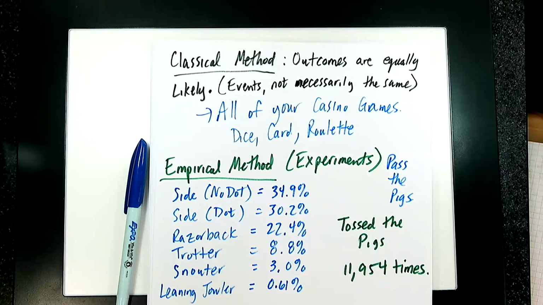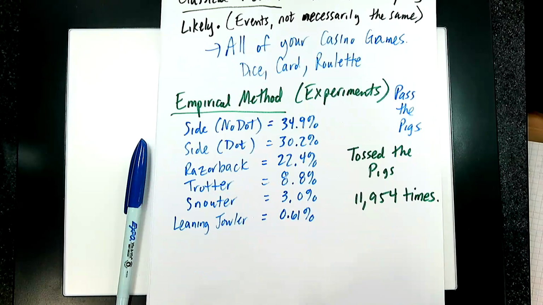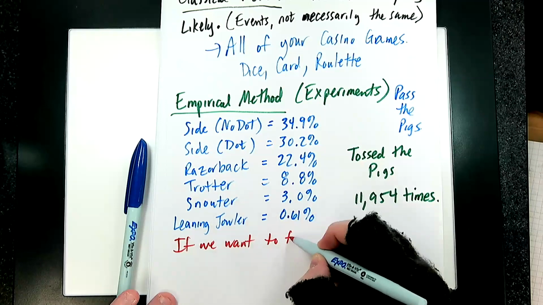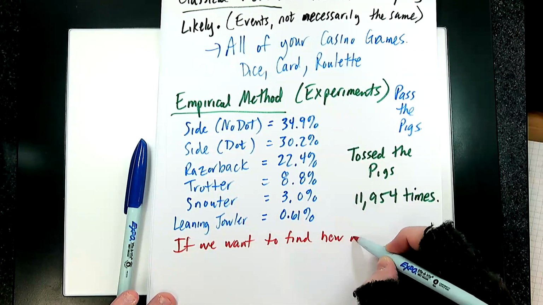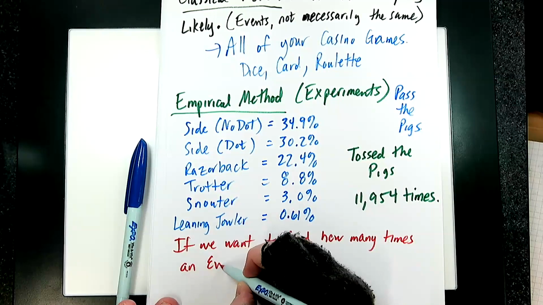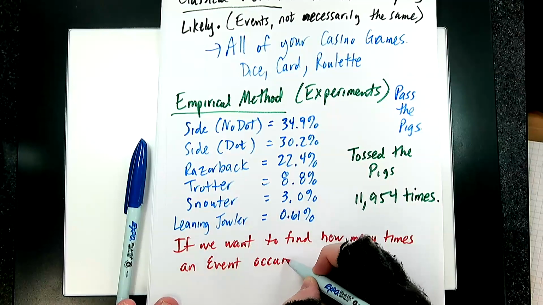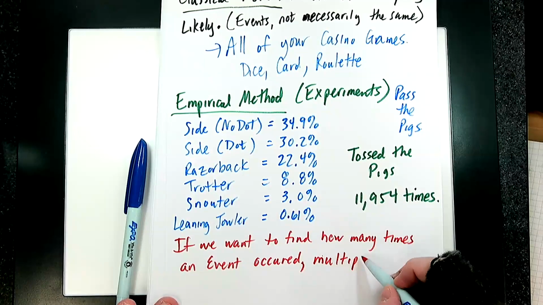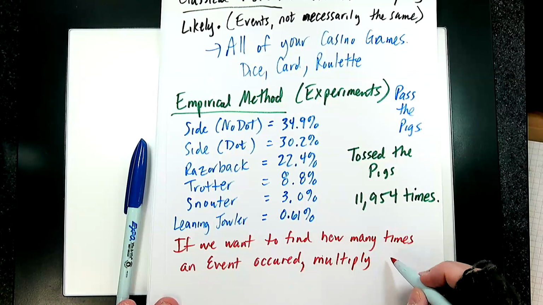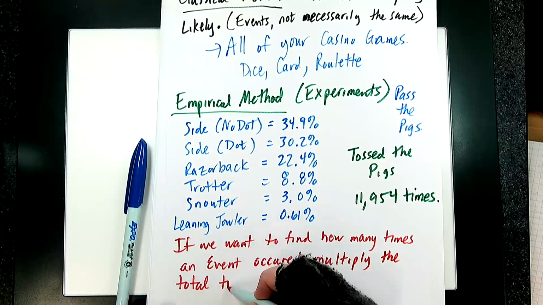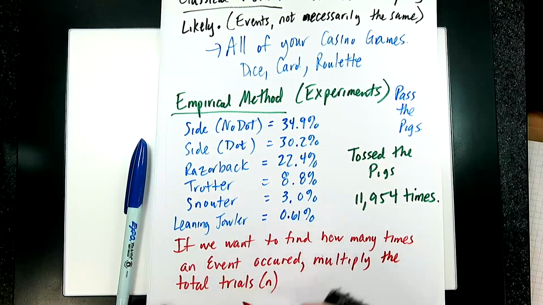Now, these were the probabilities, and we could see how many times they tossed them. If we want to find how many times an event occurred, multiply the total number of trials, we'll call that n.